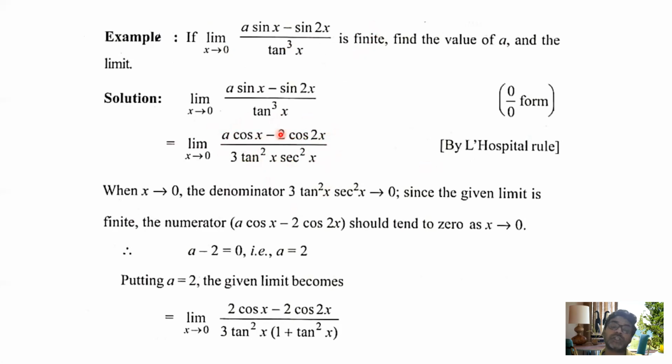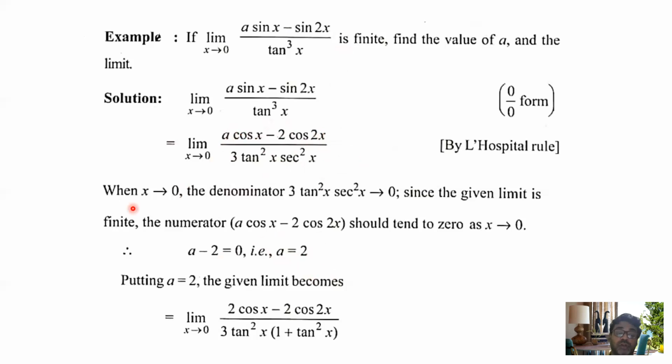To make it finite, what do you do? a minus 2 must be equal to 0. Then only you can say 0 by 0 form, because your lower part, the denominator, is 0, and the numerator is not becoming 0, because if you substitute, a minus 2 is coming. So ultimately a minus 2 by 0 is the undefined case, but your limit is finite. So that means a minus 2 must be equal to 0, so a is equal to 2.